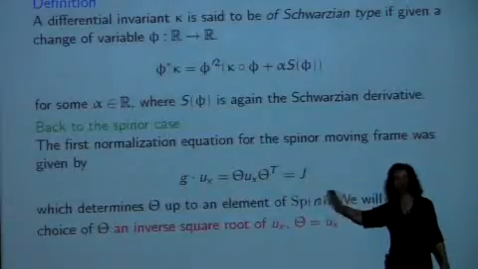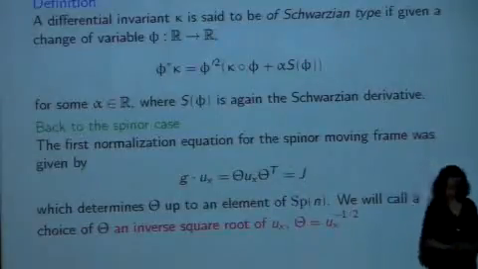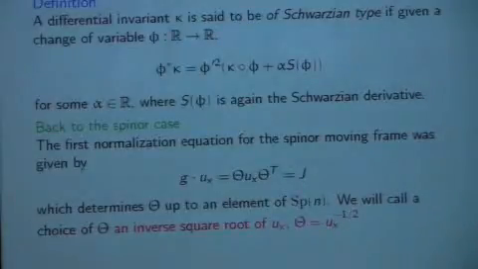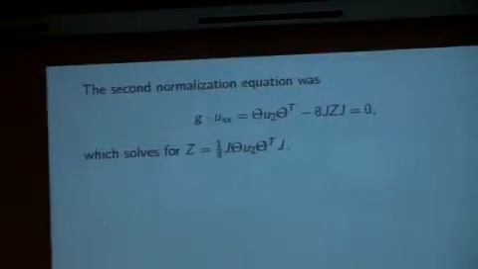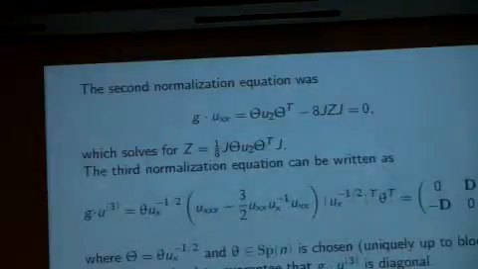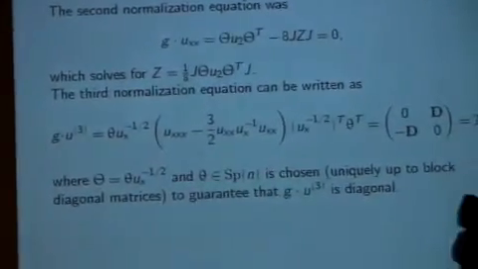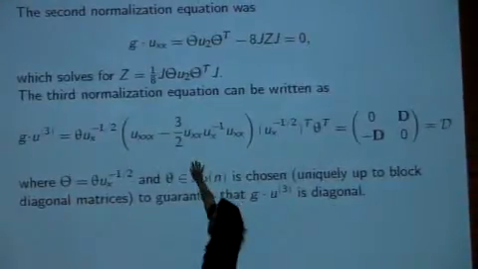So I just take any choice of that, and I call it the inverse square root of the derivative. The second normalization looks like that, and then the third one, which is where V, so this solved for Z, which is good. This is the +1 portion of the moving frame. And the third normalization equation, you can write it like this. And here you can see how that looks.